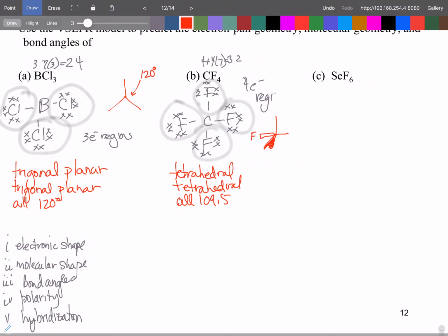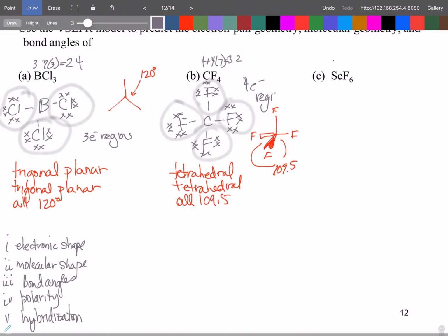That's fluorine, fluorine, fluorine, fluorine, and you could just put in that they're 109.5. Okay? So far, so good. And remember, I've left the list at the bottom. We're going to do that for all of them.